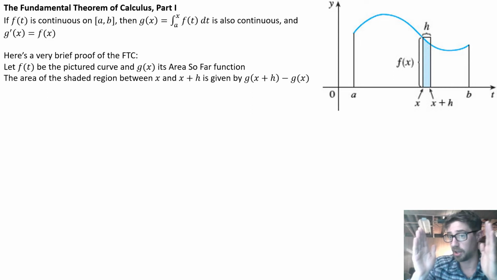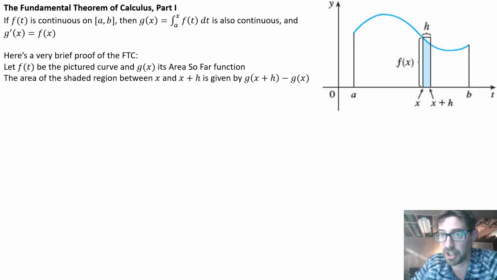So we take all the area up to x plus h, and then we get rid of all the area up to x, and that gives us the shaded area. So the exact area of that shaded region is g of x plus h minus g of x.